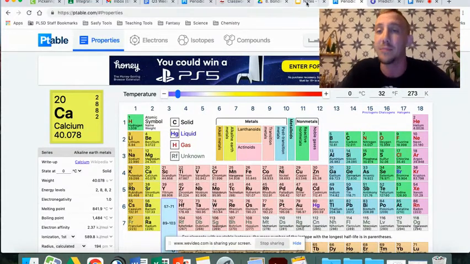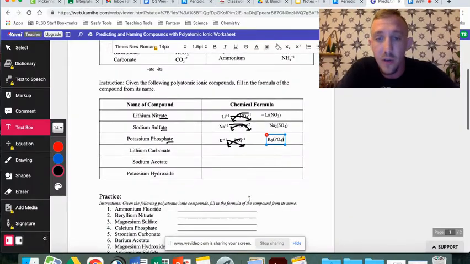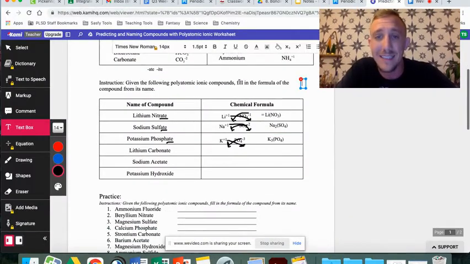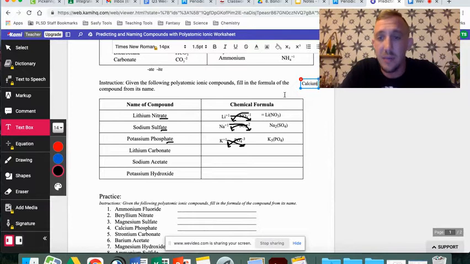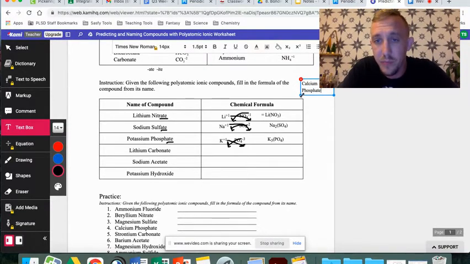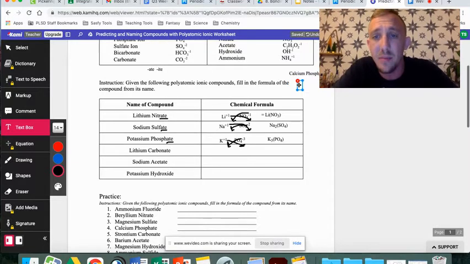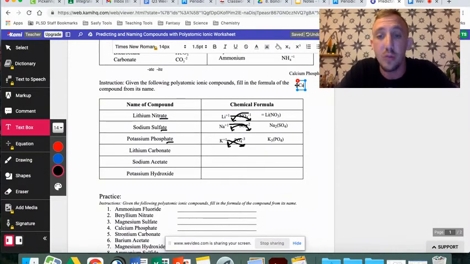I'm just making this up so you guys can see. So I'm going to go ahead and add this in here. Calcium phosphate. This is just something I'm adding in here for you guys. And so this is going to be Ca, and it's in group 2, so it's a +2.